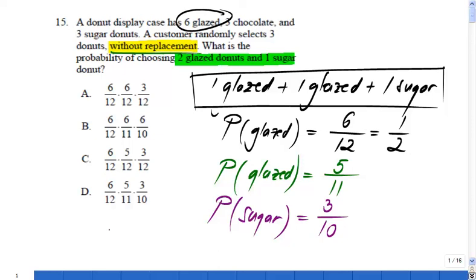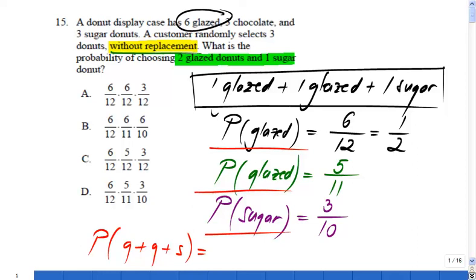And now the question is, what is the probability of getting all these 3 events in the given order, right? So I'm looking for glazed plus glazed plus sugar. And this will be given by the probability of getting a glazed multiplied by the probability of getting a second glazed multiplied by the probability of getting a sugar one. And we're looking at what?